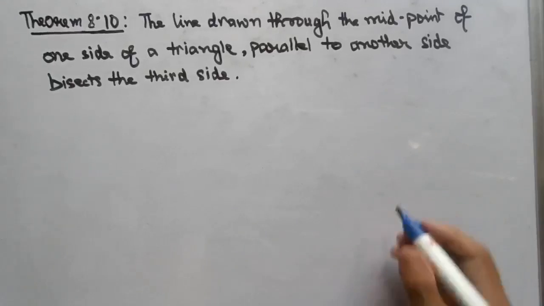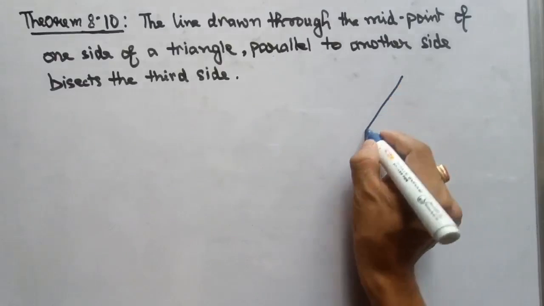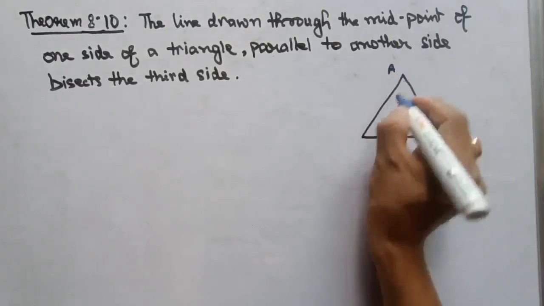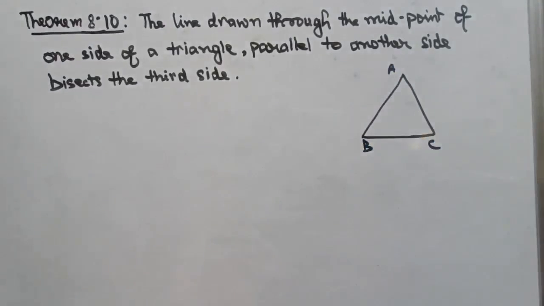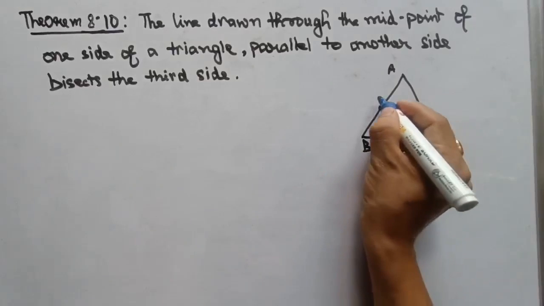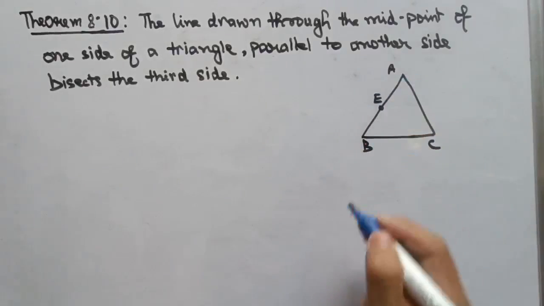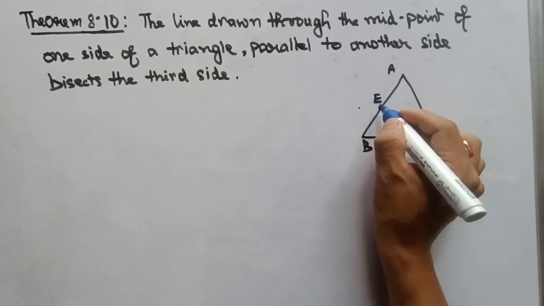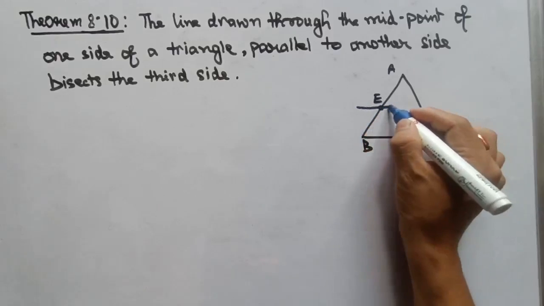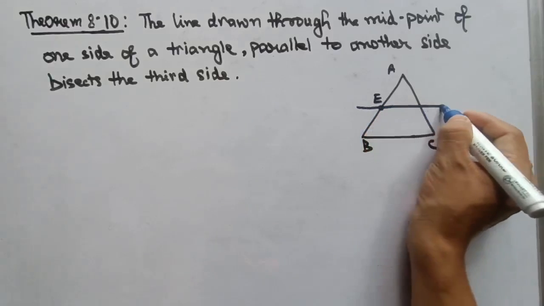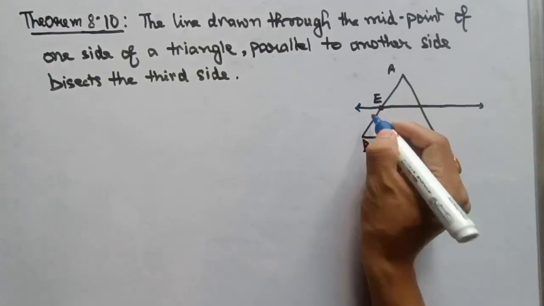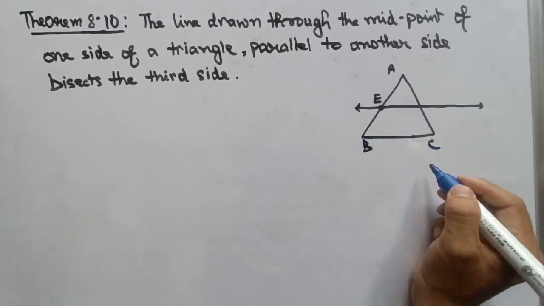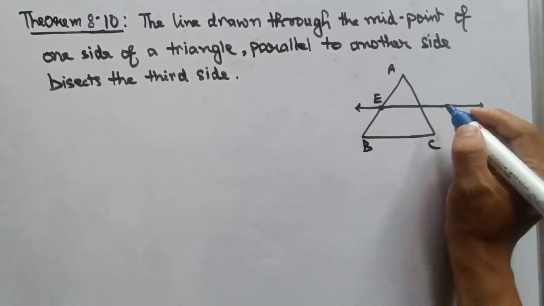So according to this statement, if ABC is a triangle and E is the midpoint of the side AB, then the line drawn passing through E parallel to the side BC will bisect the third side.